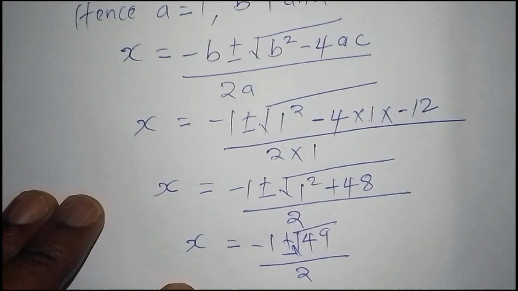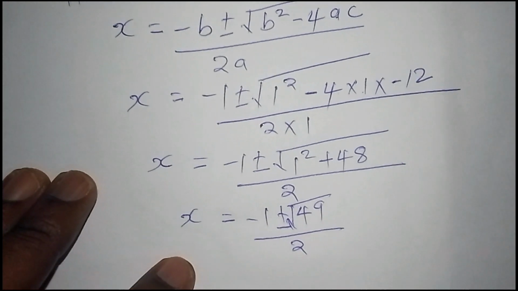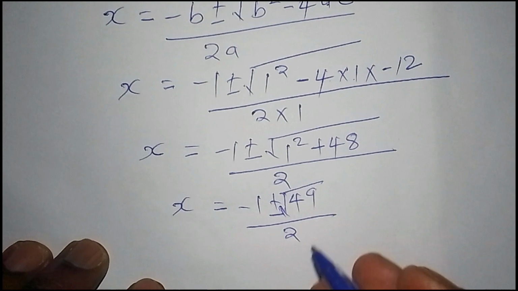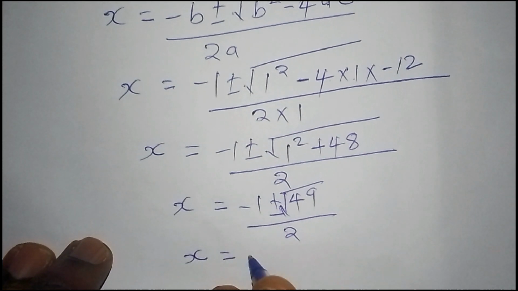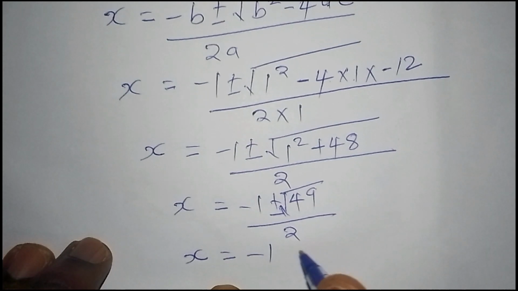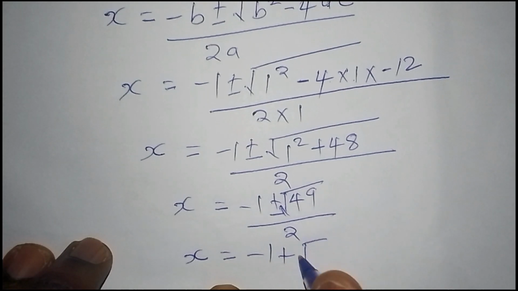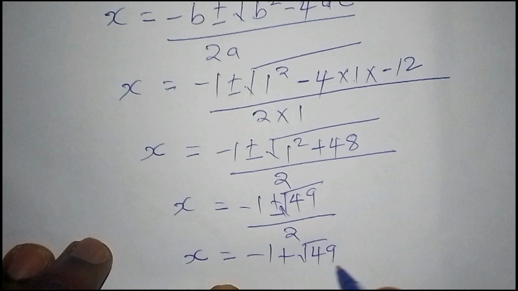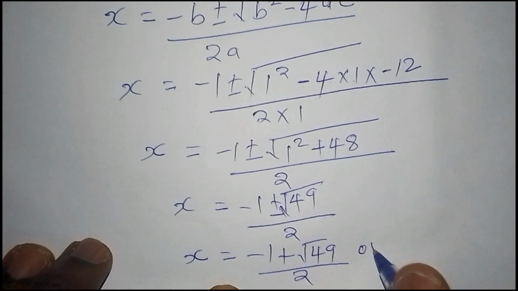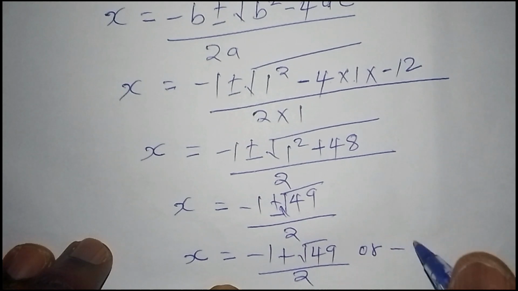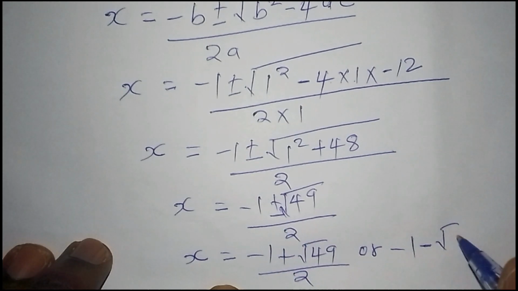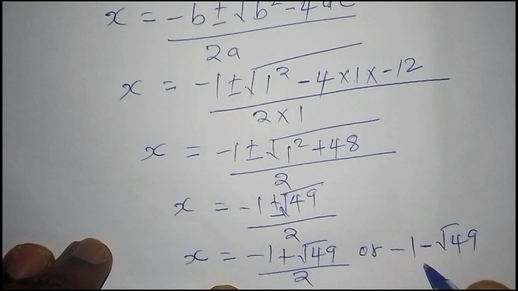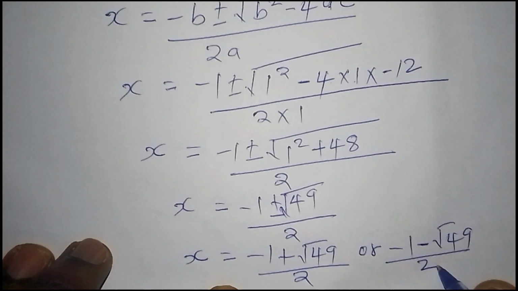So we shall now conclude that our x is equals to minus 1 plus the square root of 49 all over 2, or our x can also be minus 1 minus the square root of 49 all over 2.